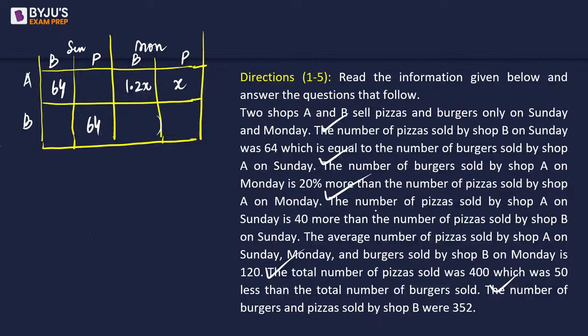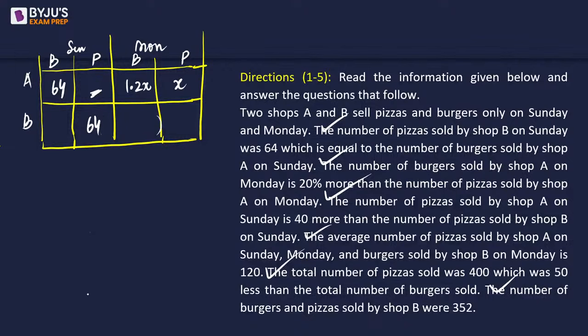The number of pizzas, third statement, sold by shop A on Sunday, let's go to this column of pizzas by shop A, so this is 40 more than the number of pizzas sold by shop B on Sunday.